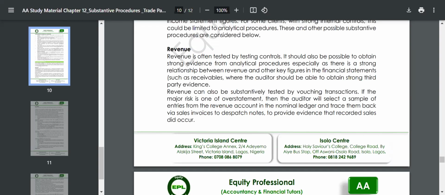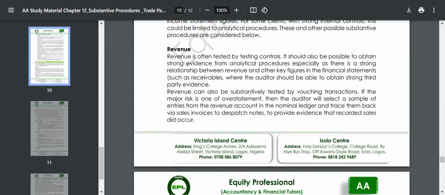Now, the auditor needs to test for this. What the auditor is testing here is whether there are adequate controls capturing all the revenue. You are testing majorly for accuracy, for understatement or overstatement. You want to be sure that all transactions have been captured, and you also want to verify the authenticity of every transaction.